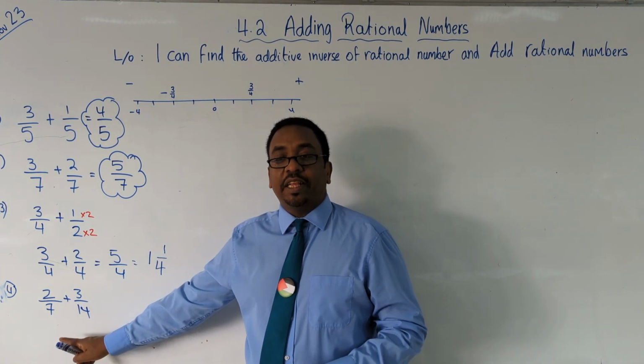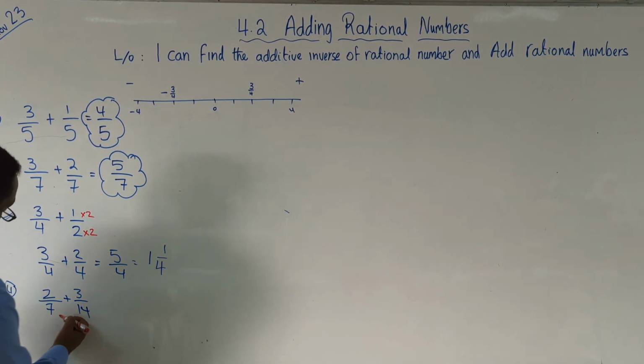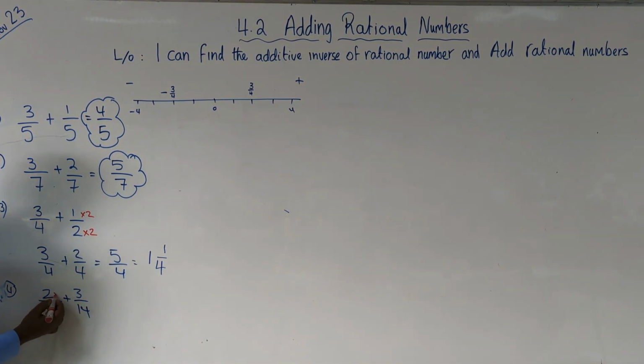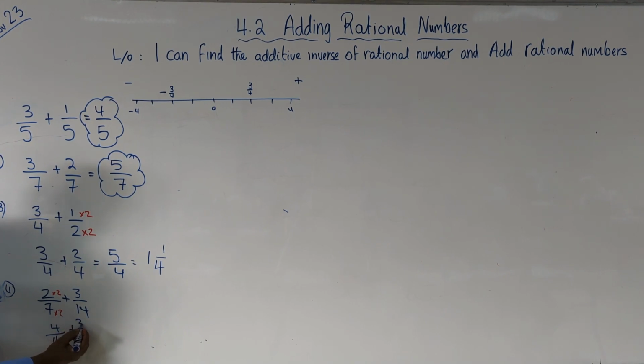So I want this to be 14. How do I change it? 7 times 2. So I times here by 2 and I times here by 2. Because whatever I do on the denominator, I have to do it on the numerator as well. So now if I rewrite my fraction, I have 4/14 plus 3/what? 14.